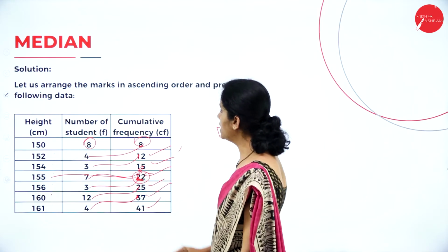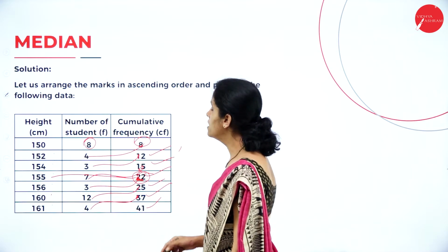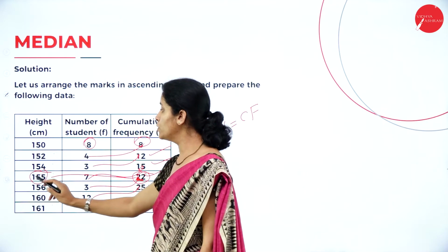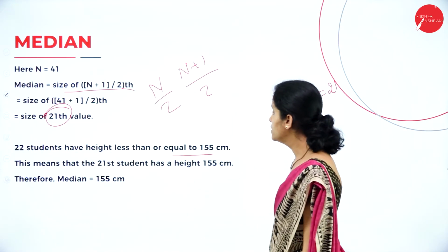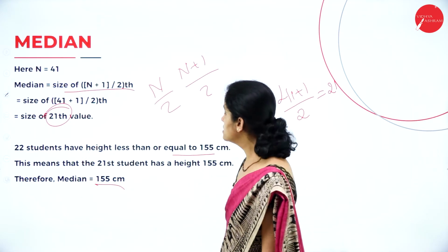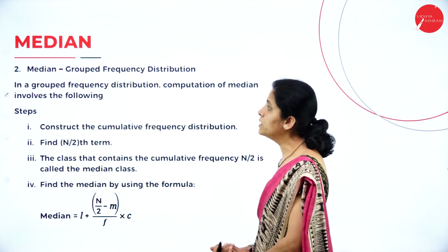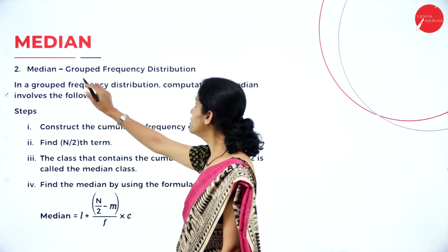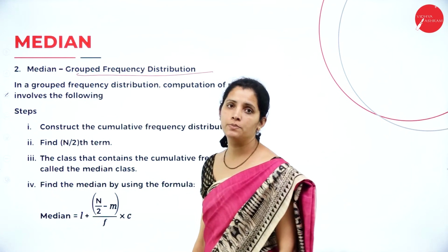So here, if I consider the cumulative frequency, that is 22, then what is the answer? I'm going to get 155. So what is the median? That is 155 centimeter.